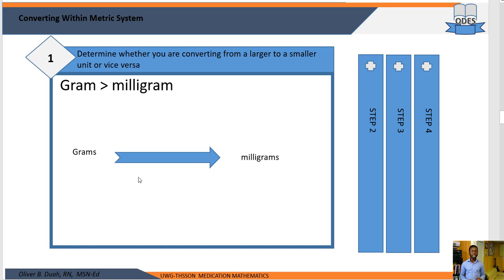So gram and milligram, looking at the table that you have, which one is bigger or larger? You can tell that gram is larger than milligram. So a milligram is 1,000th of a gram. And so we are converting from a larger unit to a smaller unit.